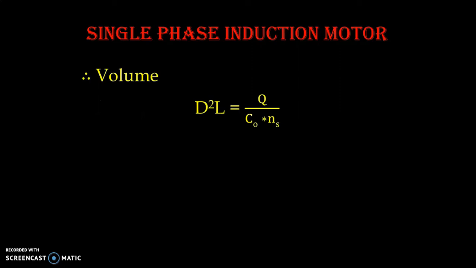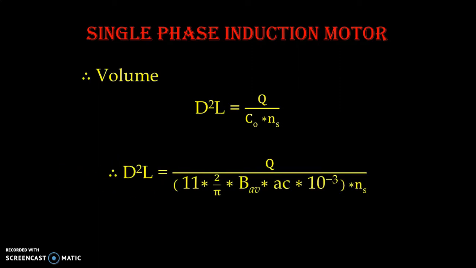We know that D square L is Q divided by Co Ns, where Ns is our synchronous speed in revolutions per second. If we substitute the value of Co, then our equation for D square L becomes Q divided by 11 multiplied by 2 by pi multiplied by Bav multiplied by Ac multiplied by 10 raised to minus 3, and synchronous speed Ns.